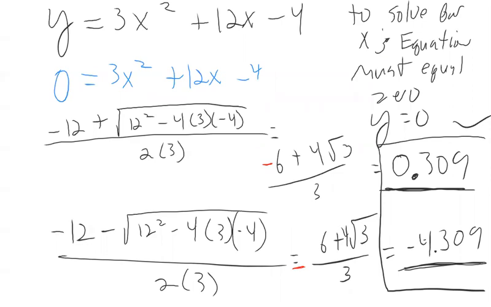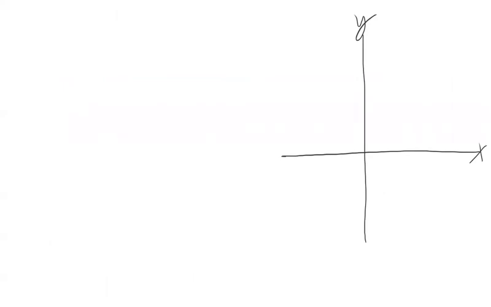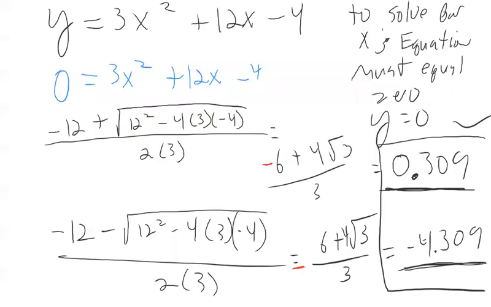So this tells me the x-intercepts. Let me go back here. I got 0.309 and a negative 4.309. So basically 0.3 and a negative 4.3.